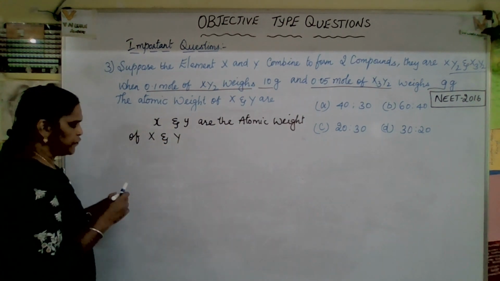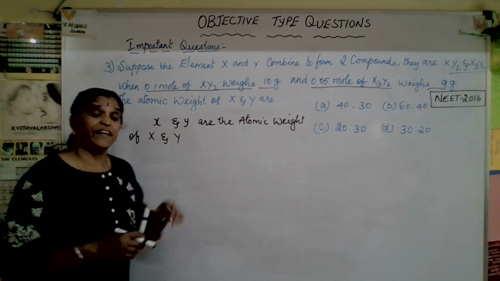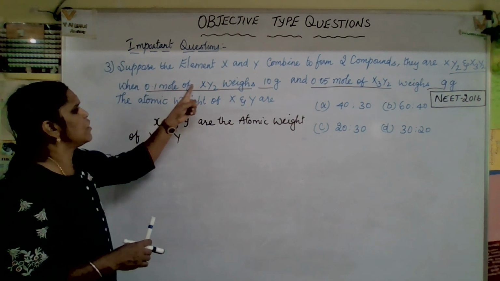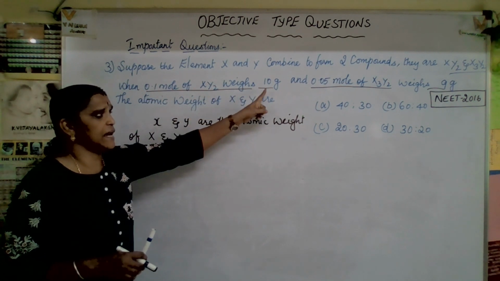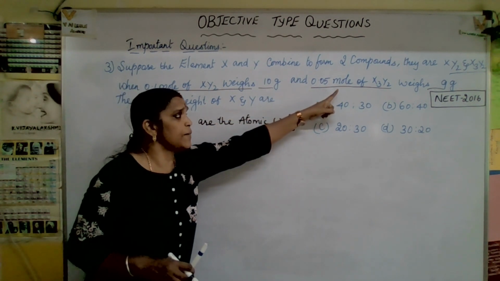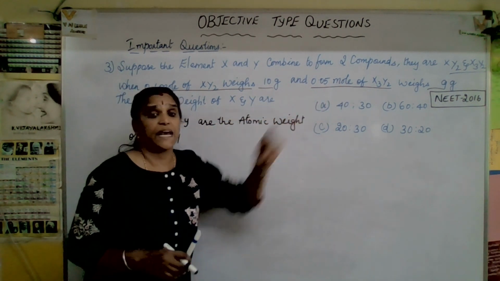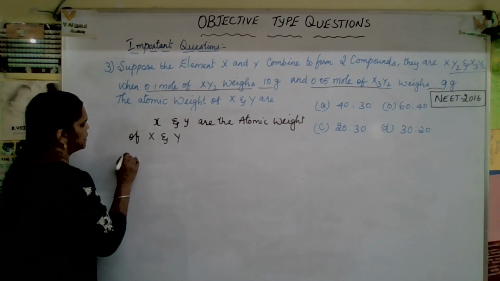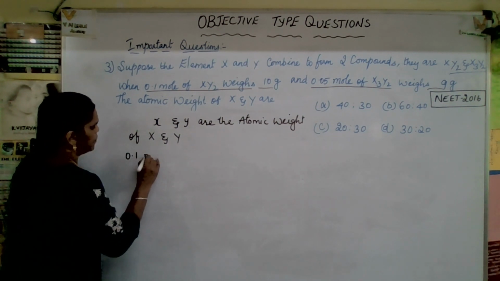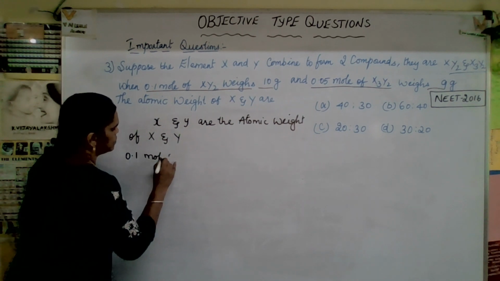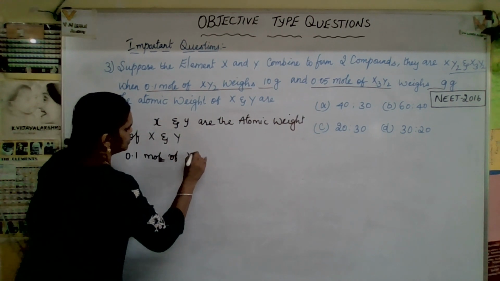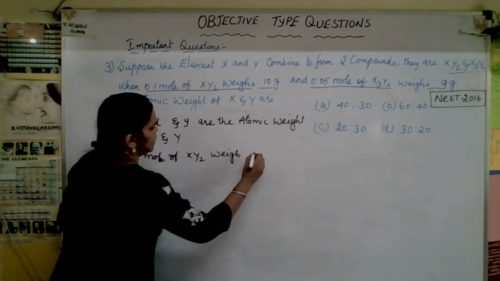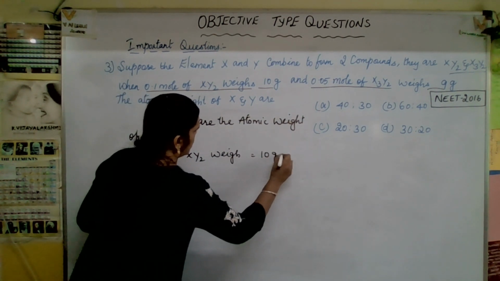Now first and foremost, they have given the number of moles. What is that number of moles? 0.1 mole of XY2 weighs 10 gram and 0.05 moles of X3Y2 weighs 9 gram. Okay, let us go and identify that. Now here 0.1 mole of XY2 weighs 10 gram, right?